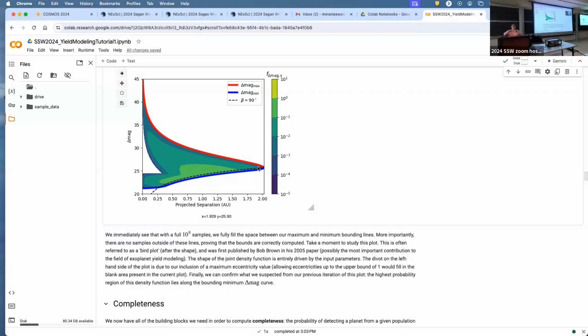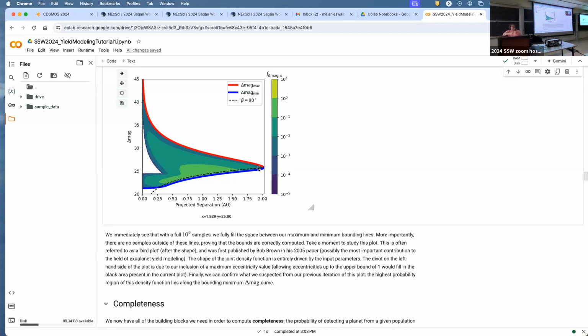Now, the thing is, if we changed our underlying population of planets, like if we changed the range of the habitable zone, or if, say, we did not just have Earth exact twins, but we had a distribution of radii for the Earths, and if we had a non-uniform distribution of semi-major axes, we would get a slightly different shape to this plot.